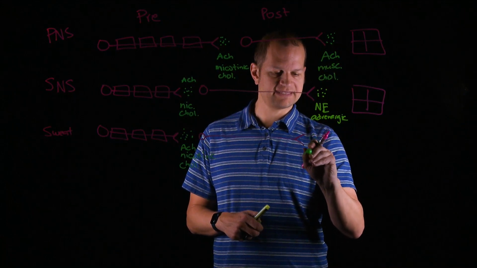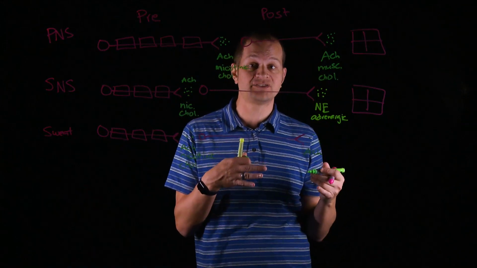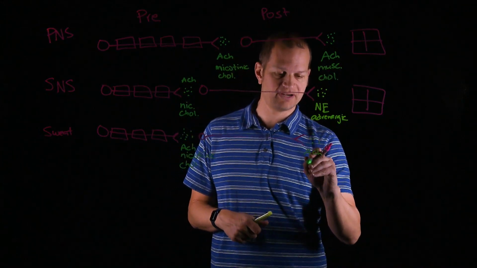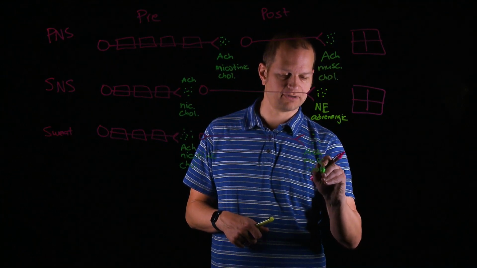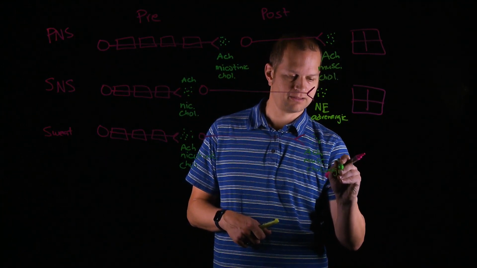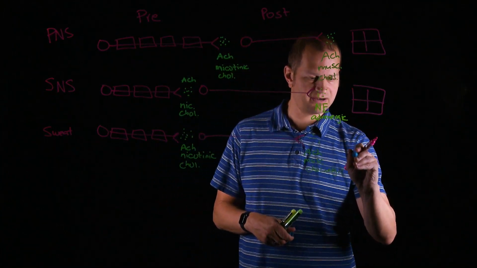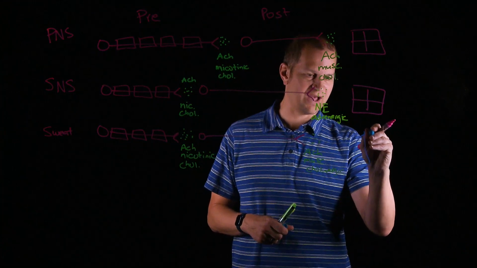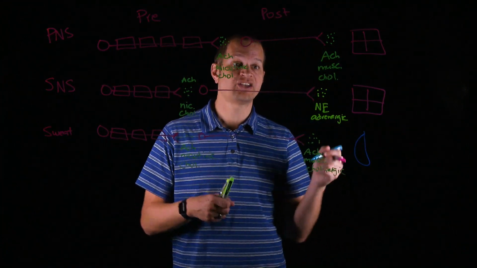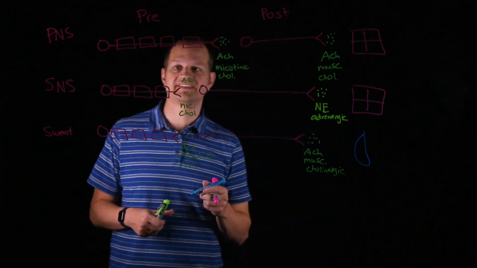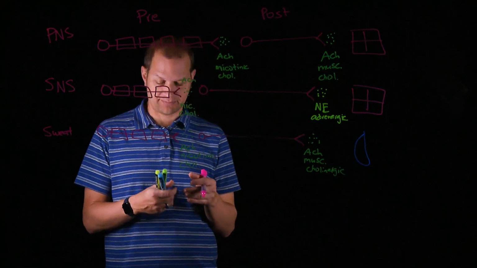But instead of being an adrenergic receptor, because acetylcholine does not bind to or activate an adrenergic receptor, it activates a muscarinic cholinergic receptor. We're going to try and draw a little teardrop here. That's my sweat. So we activate our sweat glands. This also activates the pathway that gives us goosebumps. All right, so that's one of our two exceptions.